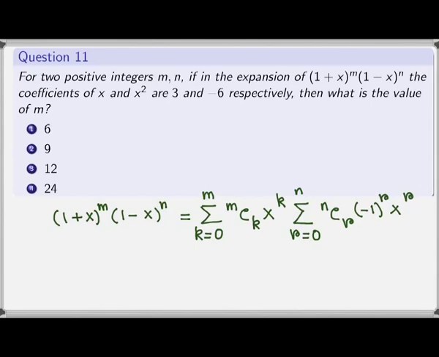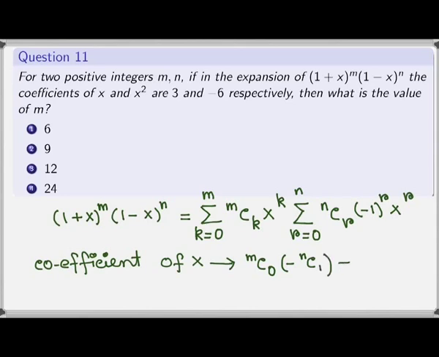It is evident that the coefficient of x is mC0 into −nC1 plus mC1 into nC0, that is −n + m, and we are given that this is equal to 3.